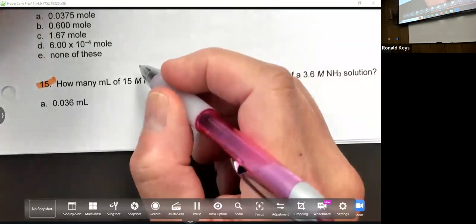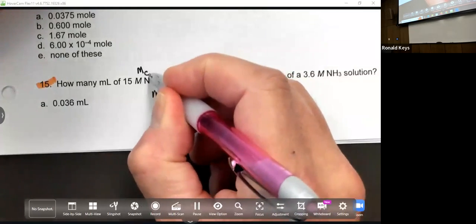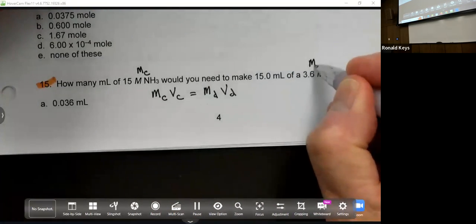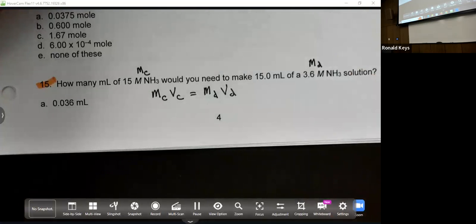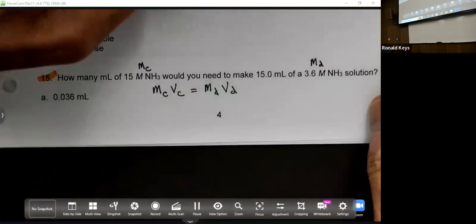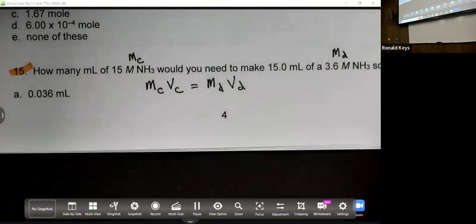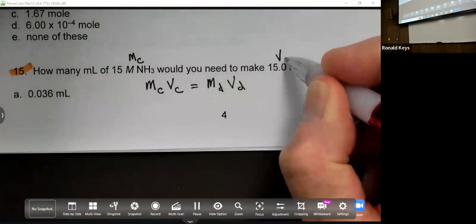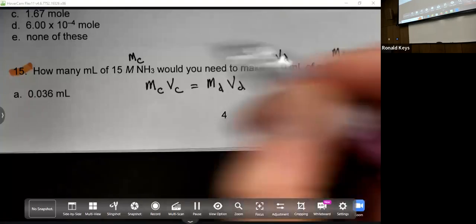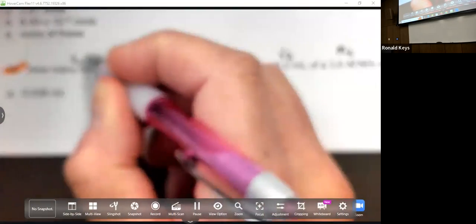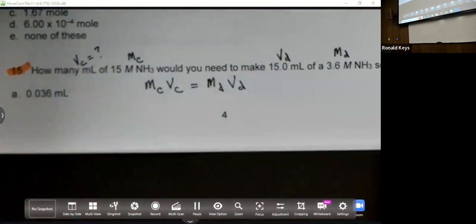So we know that this is the molarity of the concentrated, or the dilute. Volume of the dilute. And it's like we're looking for the volume of the concentrated.